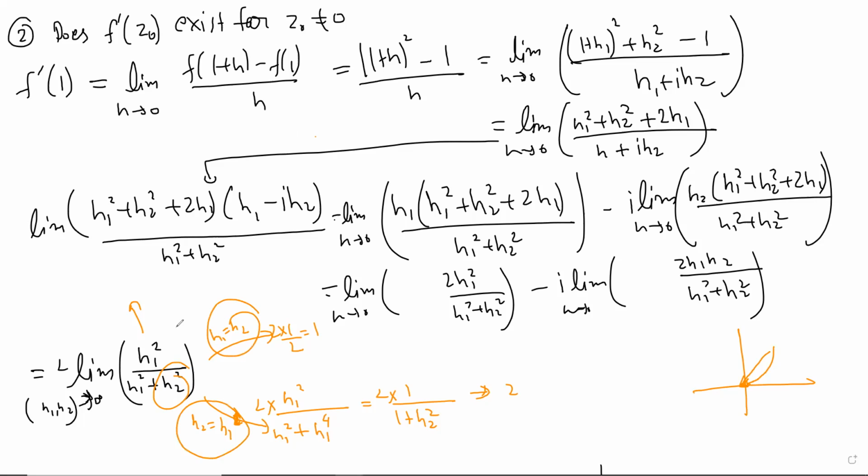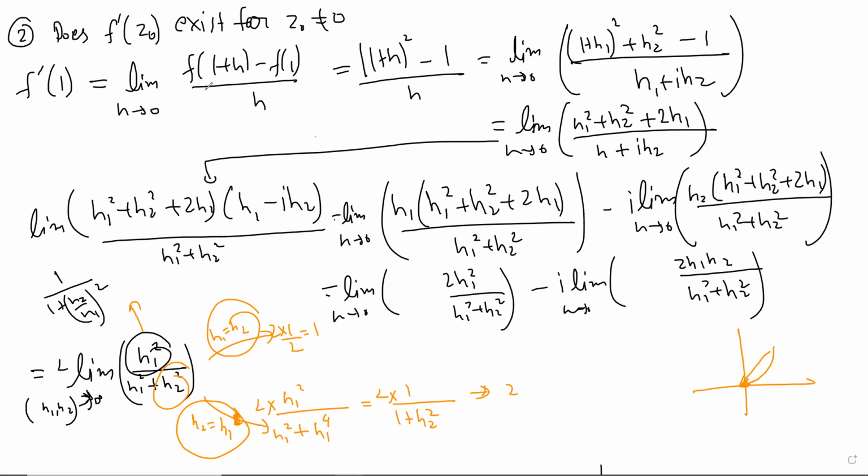Via these two routes, we can go to 0, and we are going to different places, so it can't go to any particular L. See, usually the idea is that the numerator is independent of the denominator. You can write it as a ratio, and then you can blow up that ratio or make it 0. You'll get different things. In any case, it doesn't exist.